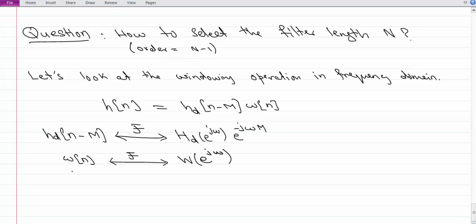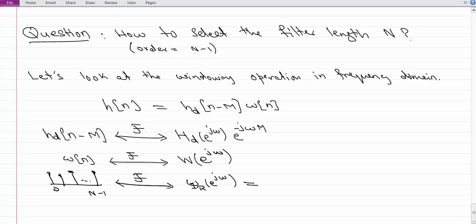So a rectangular window is simply 1 for all values of little n up to N minus 1. And so I'll call its frequency response psi_r(e^{j omega}). Right? Now, what is the frequency response of this window?